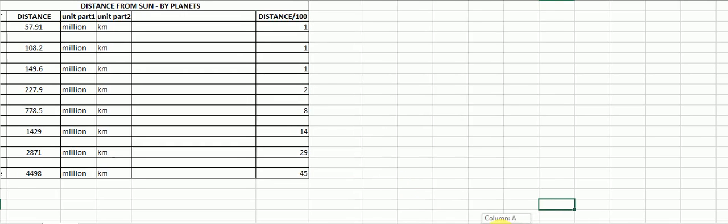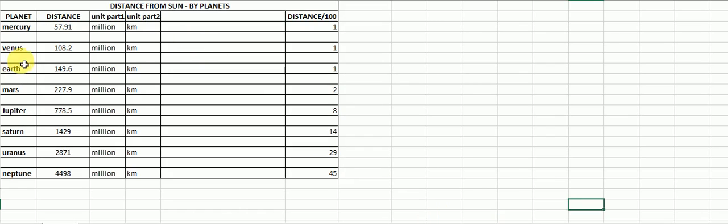But I've decided to consider the distance that Mercury is from the Sun is 57 million kilometers. The distance that Venus is from the Sun, not from Mercury, from the Sun, is 108 million, and Earth is that much, and so forth.